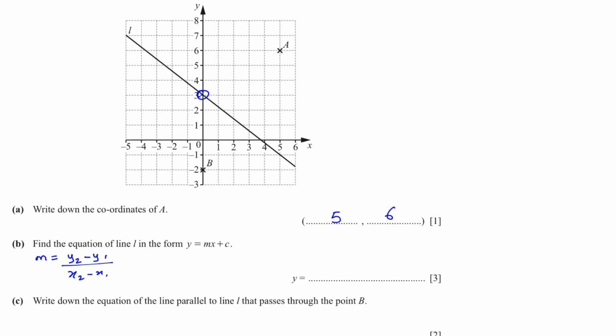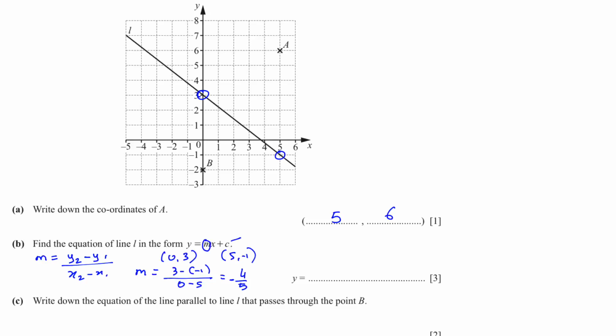So (0, 3), and another point which is on the line, we can take (5, -1). We are going to replace it here. So we'll get 3 minus -1 over 0 minus 5, which is 4 over -5, that is -4 over 5. We found our m, which is -4 over 5.